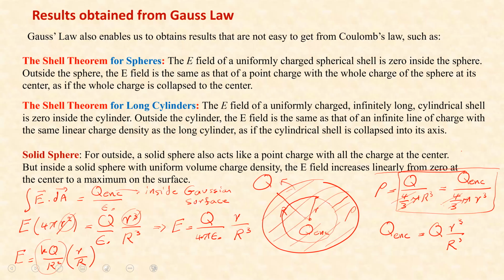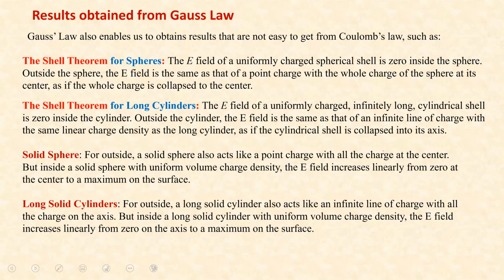I'm going to talk about that again. The same you can say for a long cylindrical solid. For outside, a long solid cylinder also acts like an infinite line of charge with all the charge on the axis. But inside a long solid cylinder with uniform volume charge density, the E field increases linearly from 0 on the axis to a maximum on the surface.